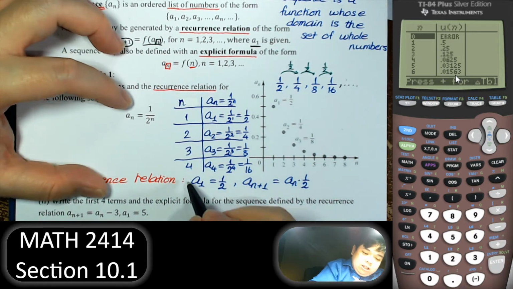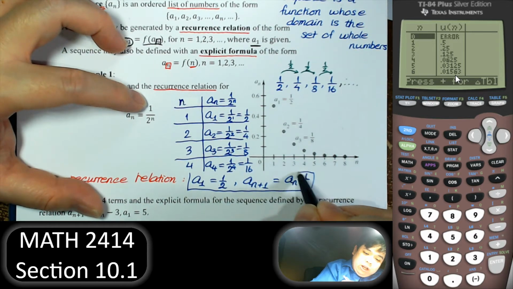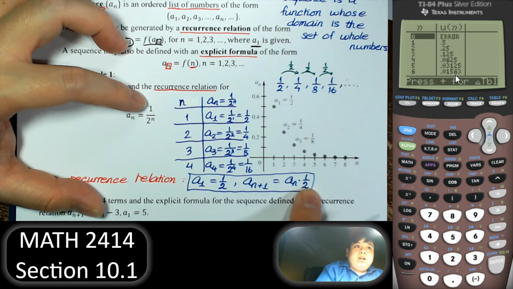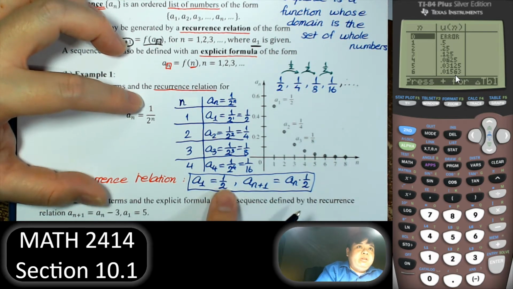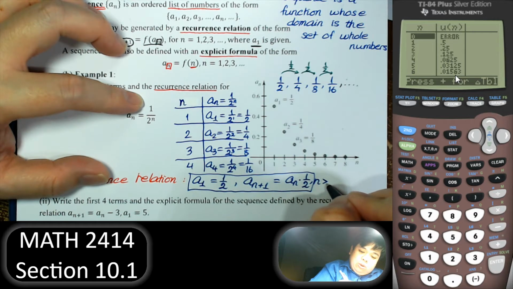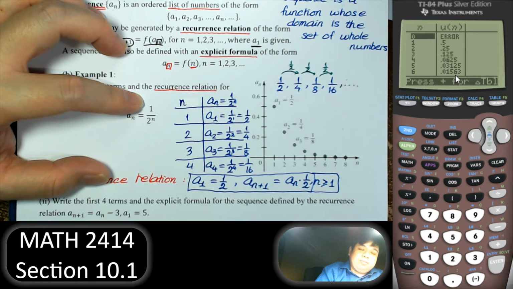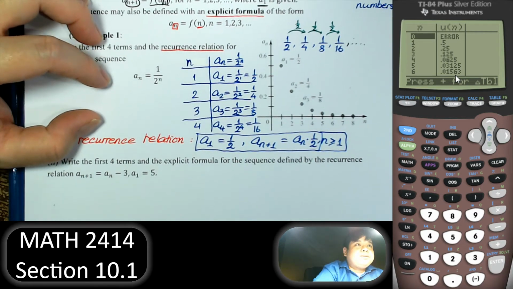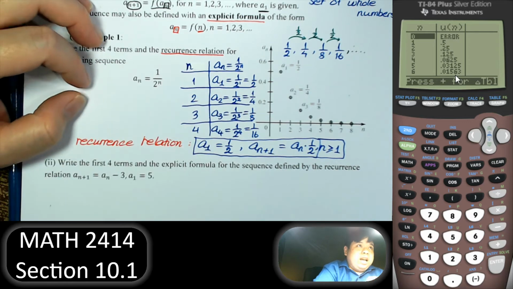So this is the recurrence relation. We start from 1/2, and then the next term is half of the previous term. Usually when we write this, we should say n greater than or equal to 1. So that is the recurrence relation for that explicit formula.